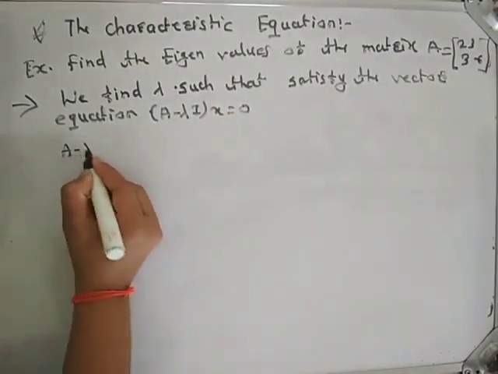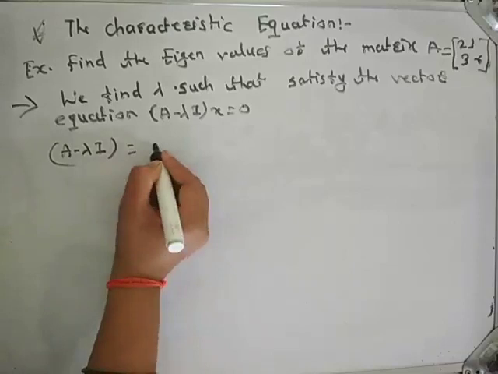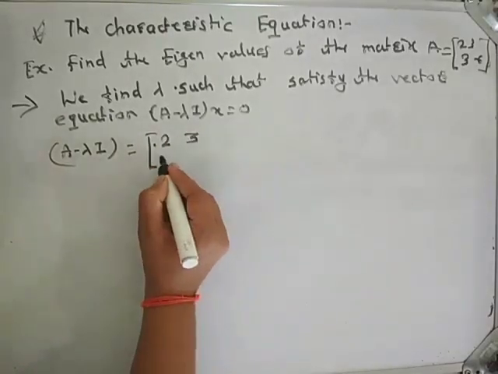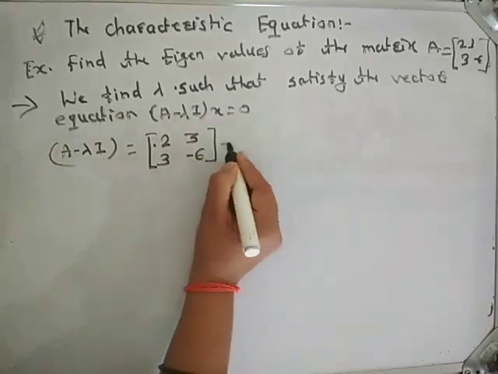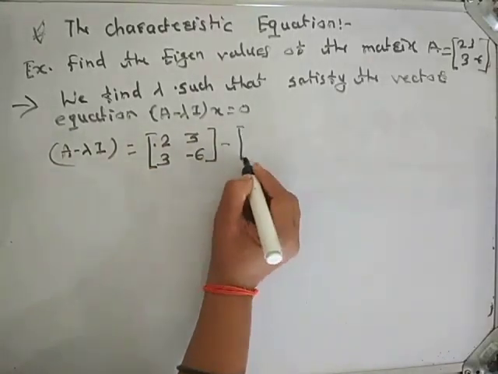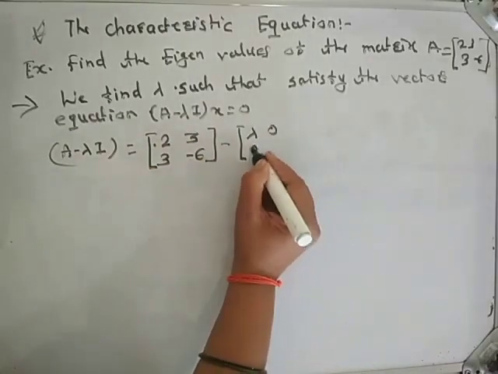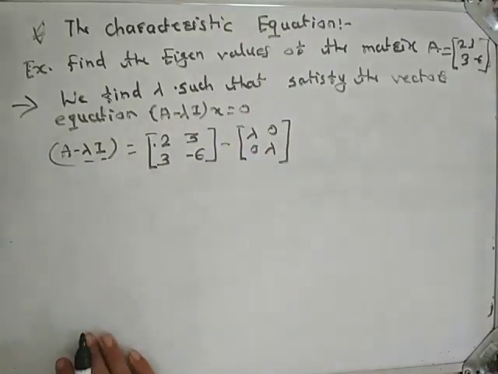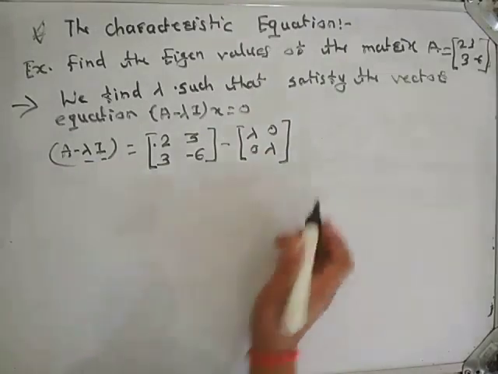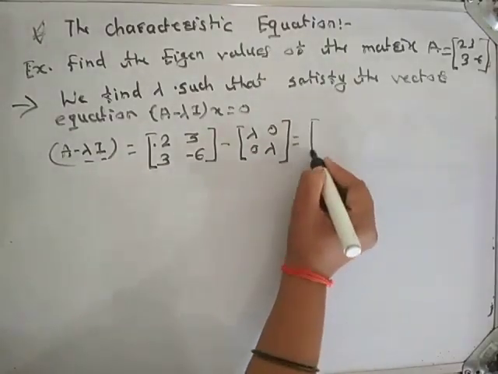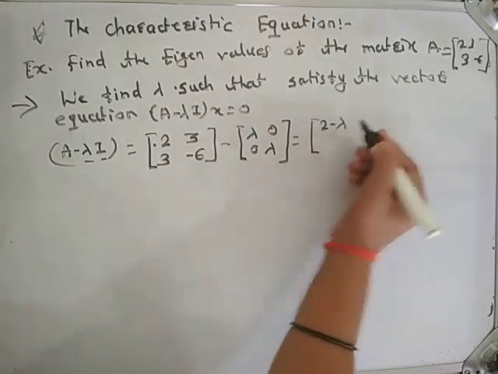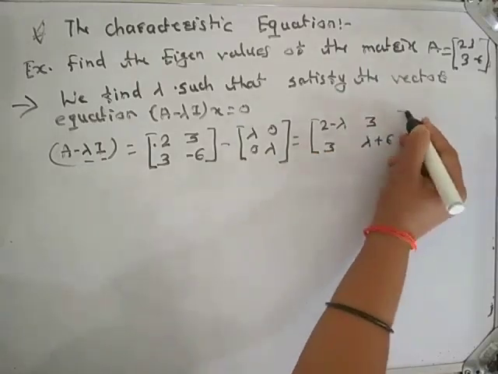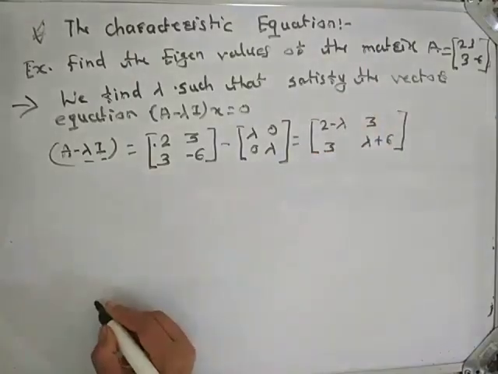A - lambda I is the matrix A, [2 3; 3 -6], minus lambda times the identity matrix of order 2, which is nothing but [2 - lambda, 3; 3, -6 - lambda].